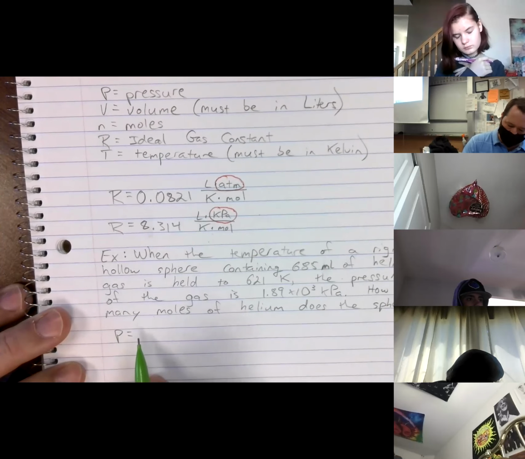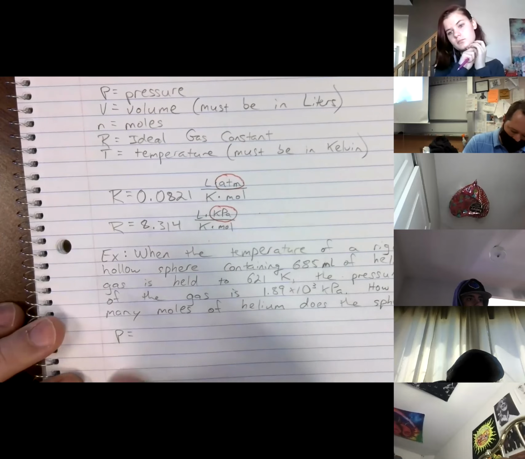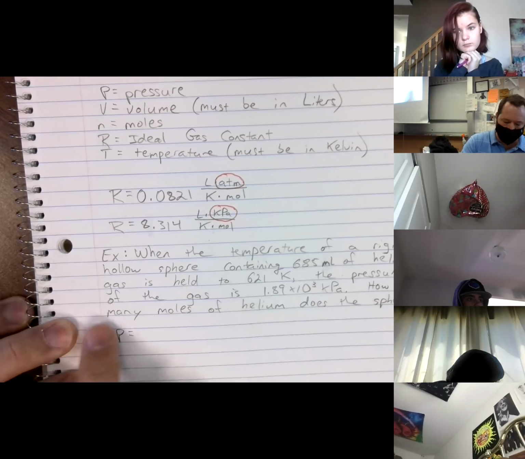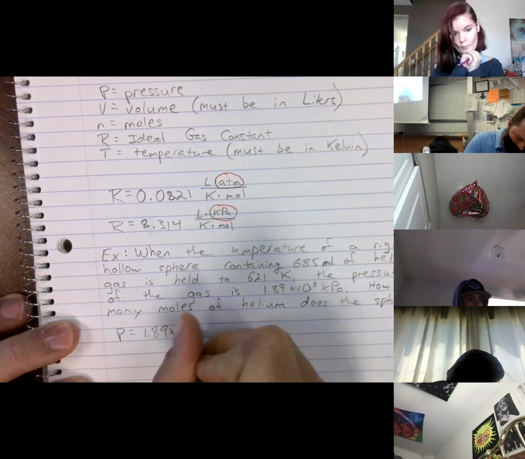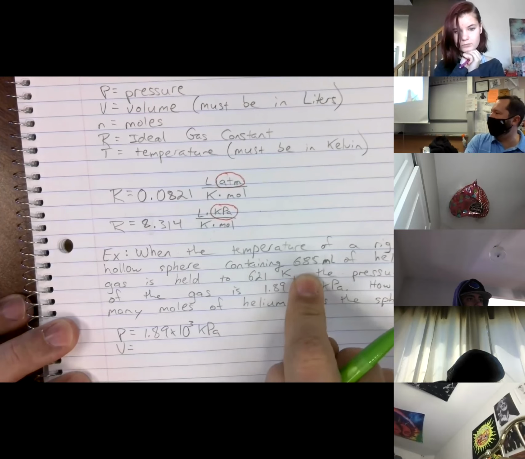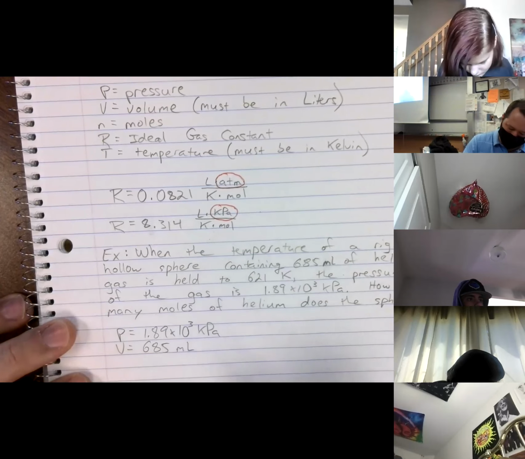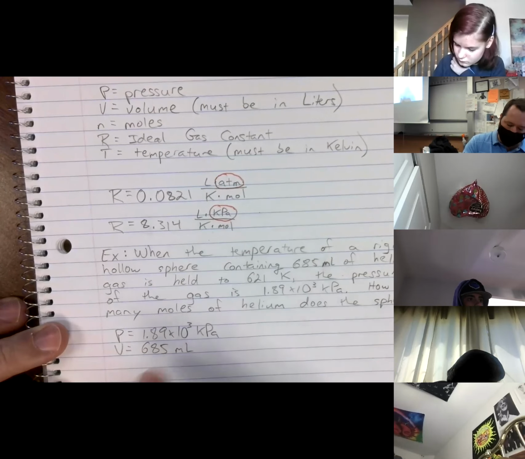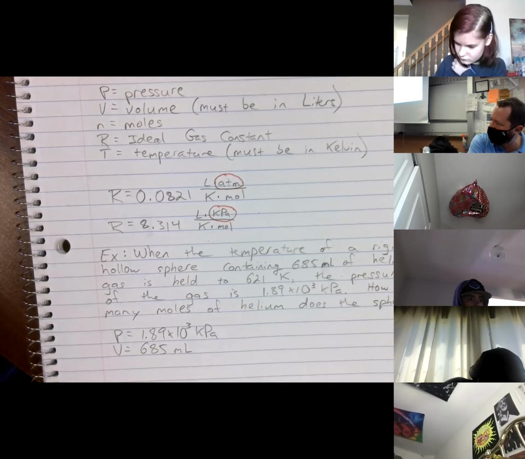All right, so our pressure, let's look for that. Our pressure, 1.89 times 10 to the third kPa. We should recognize kPa, plus the words themselves, the pressure of the gas. So there we go, definitely the pressure. The volume, 685 milliliters. Now, don't forget, we can't work with milliliters. We need to convert it to liters.